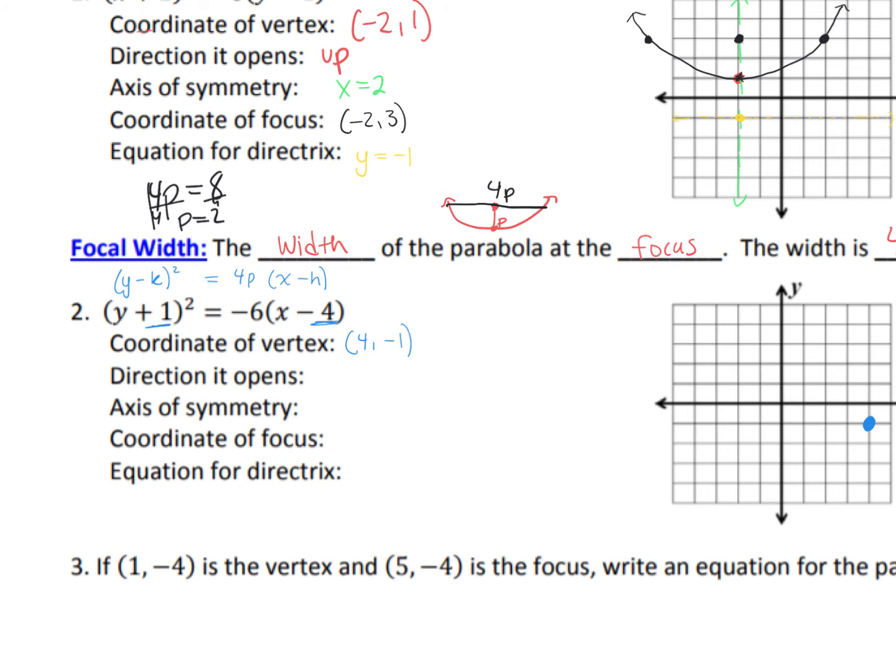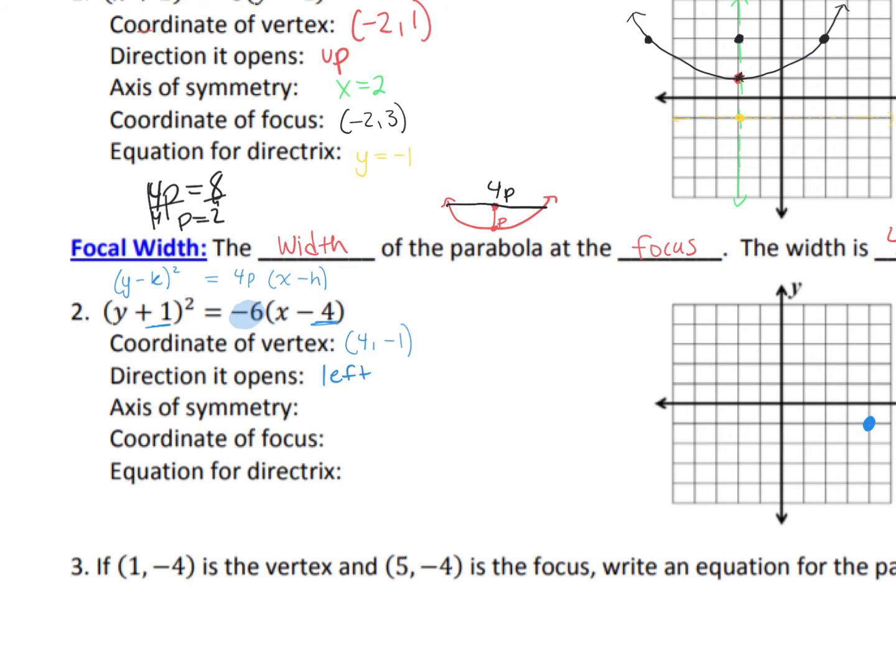Now we want to figure out the direction it opens. Right away, I see that y is squared. That means it's going to open up either left or right. The second thing I want to look at is what's going on here with this 4p. It's negative. If it's negative, that means it's opening up to the left.